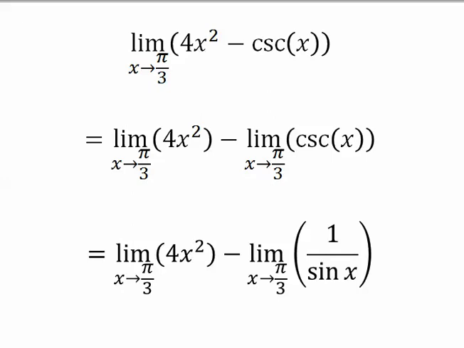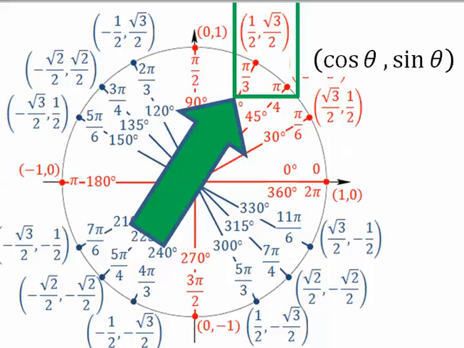So all I have to do is go ahead and find the limits. On the third line, I remind you that cosecant is equal to 1 over sine. All right, so what is sine of pi over 3? We locate pi over 3 and we look at the second of the ordered pair. So sine of pi over 3 is radical 3 over 2.